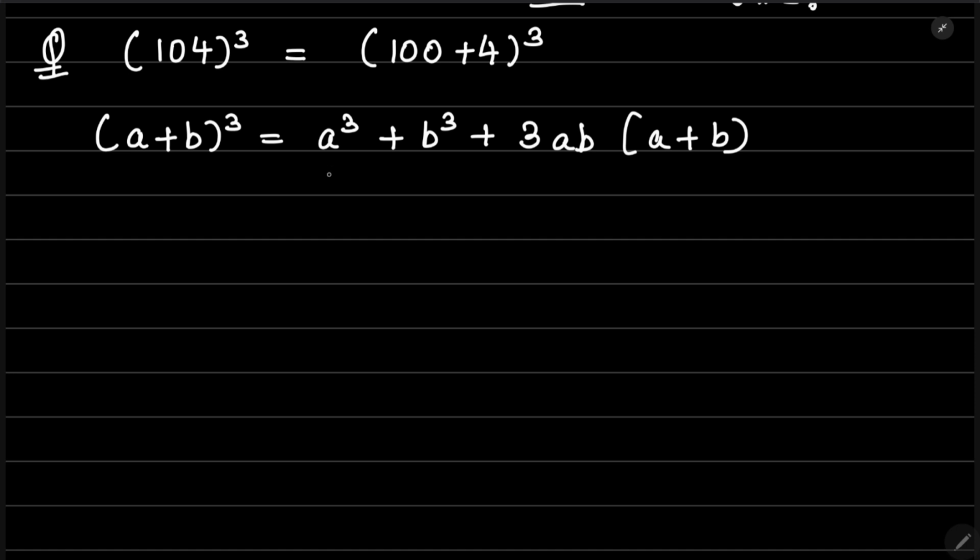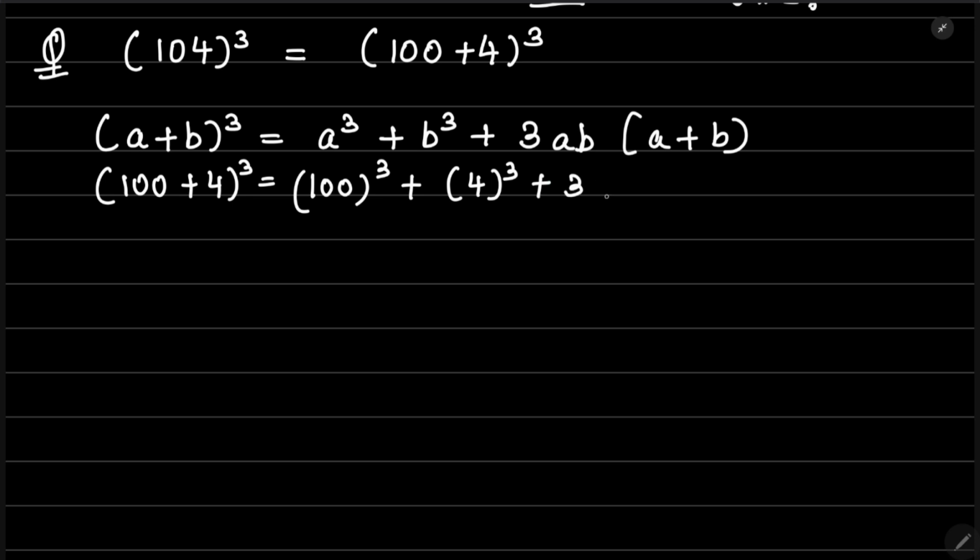Let's apply this. 100 plus 4 the whole cube equals 100 the whole cube plus 4 cube plus 3 into 100 into 4 multiplied by a plus b, which is 104.